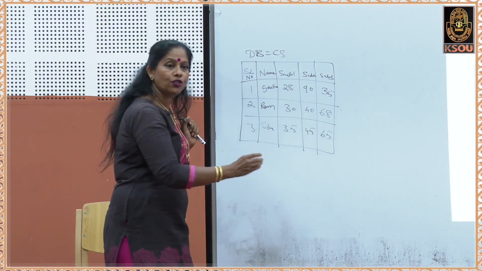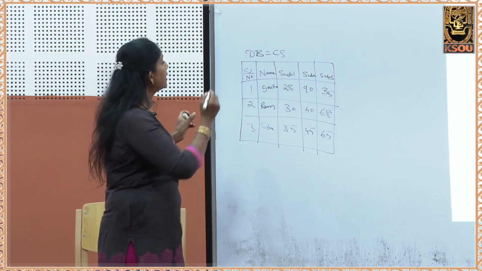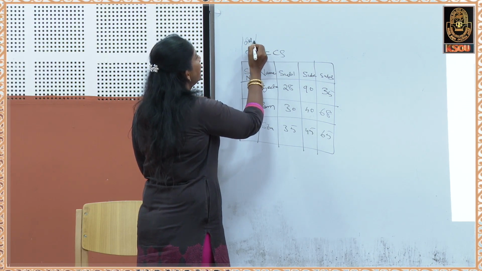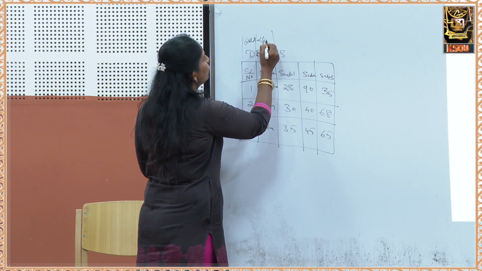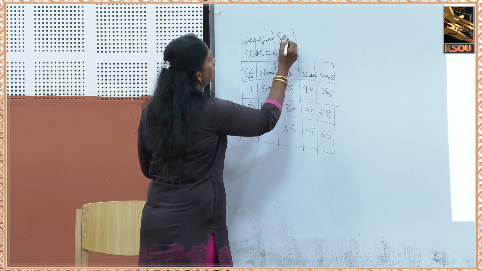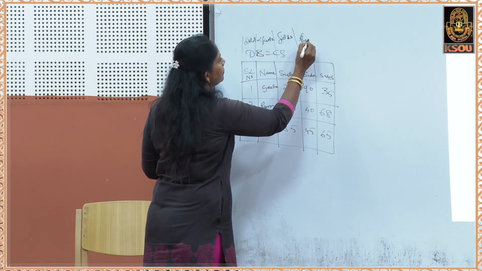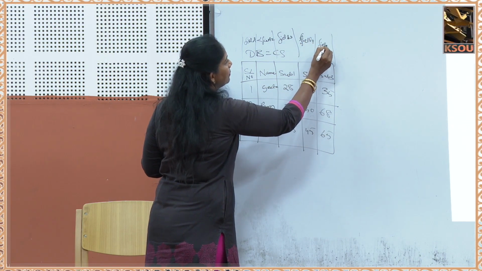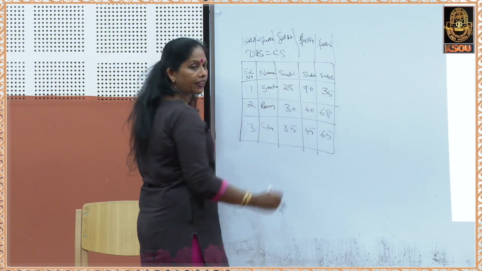Each column is called as a what? Field. Each column is called as a field. This is field 1, field 2, field 3, field 4, field 5. Okay. 1, 2, 3, 4, 5.